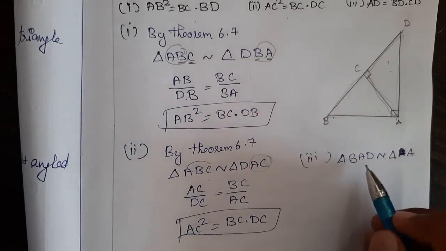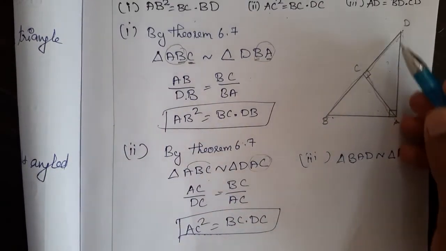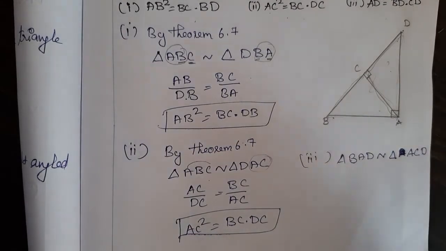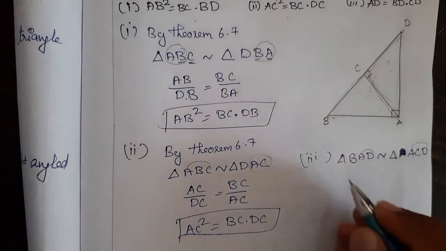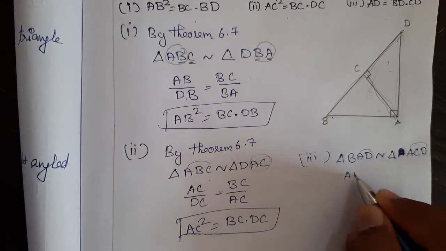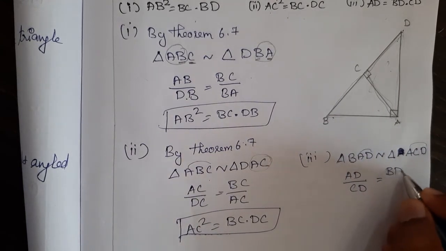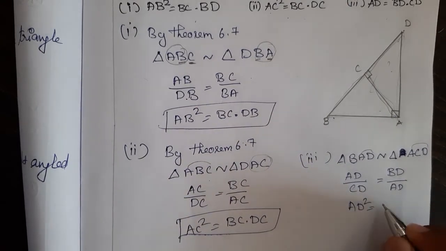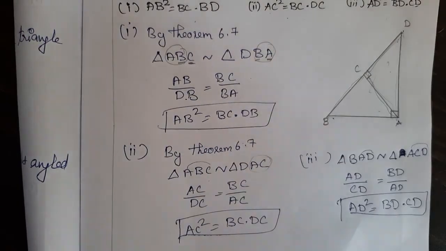A and C are 90, and D and D are common for both triangles. Small triangle and big triangle, D and D are common, right? So which one do we need? AD, the last two, and here AD is first and last, right? So last two is AD by CD, which is equal to the first and last, BD by AD. So AD into AD becomes AD square, which is equal to BD into CD, which is what we have to prove. Thank you.